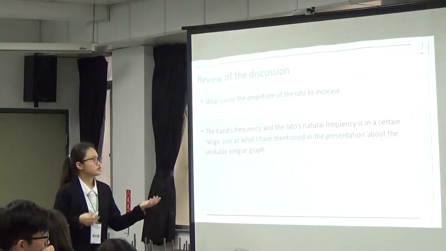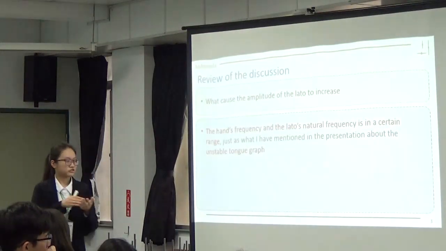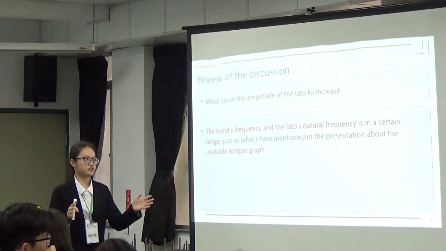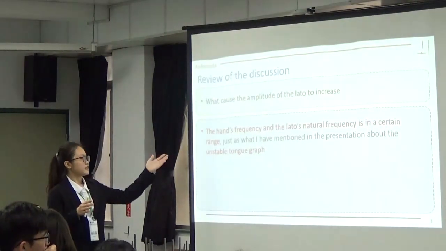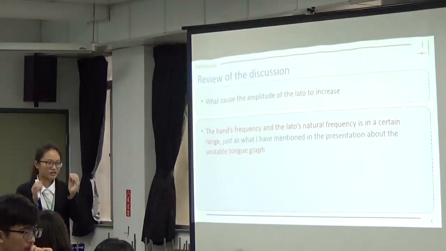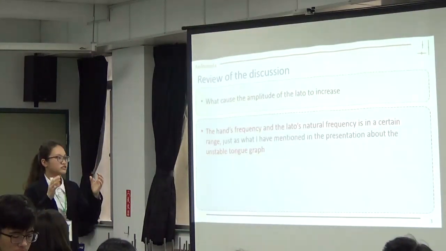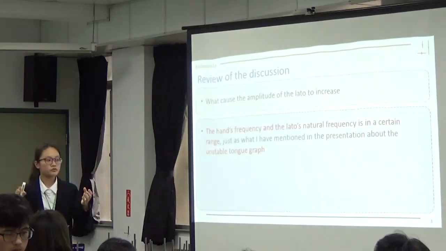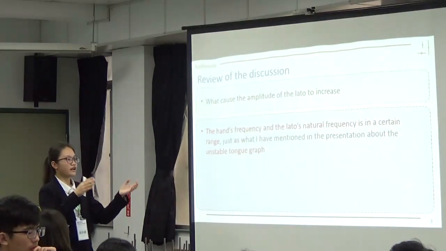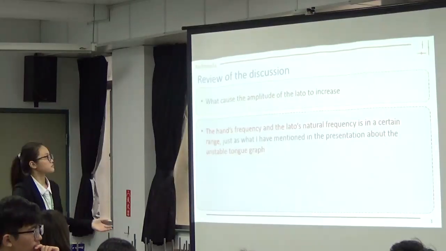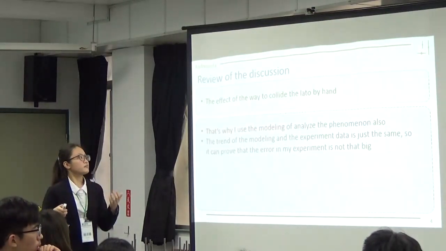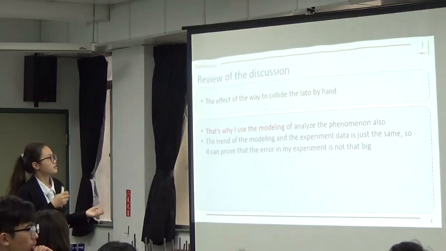And then we also talked about what caused the amplitude of the lasso to increase. I have talked about it like 3 times in my presentation, and it's because the value of my hand's frequency and the value of the lasso's natural frequency are in a certain range, which is in the blue part of the unstable time graph. So that is why the amplitude will increase. And then we also talked about the effect of the way to climb the lasso by hand.